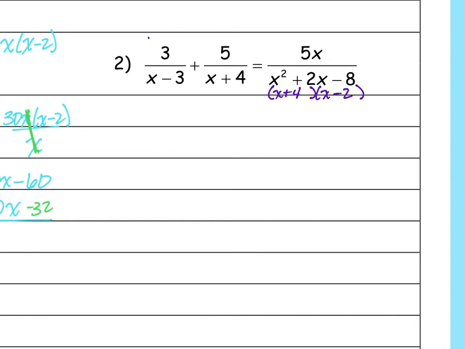Okay. So I want to find my common denominator. So I need an x minus 3. And I need an x plus 4. And what do I need out of this one, the last one? X minus 2.